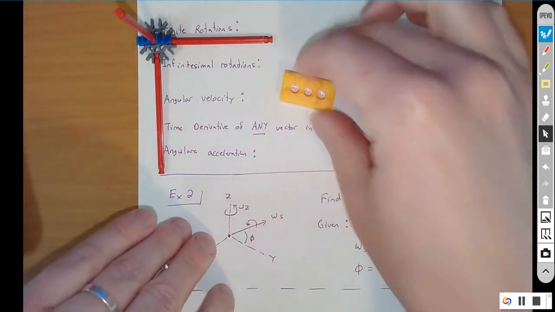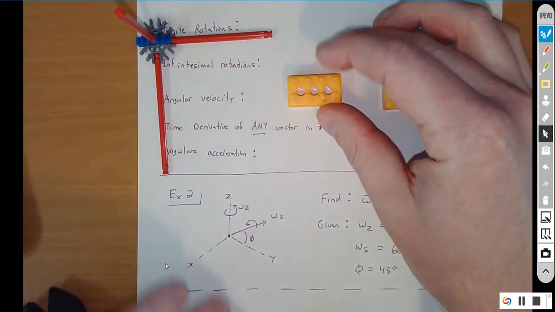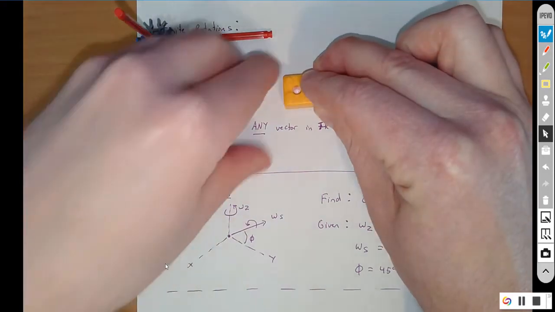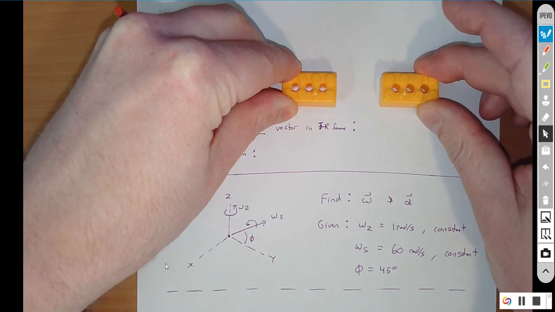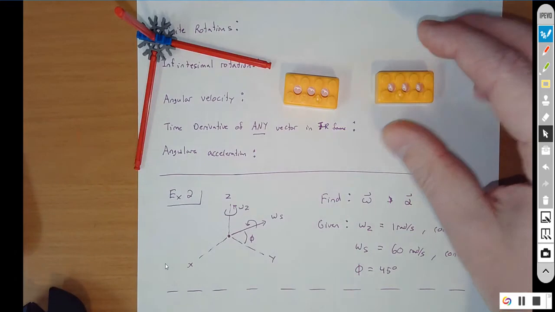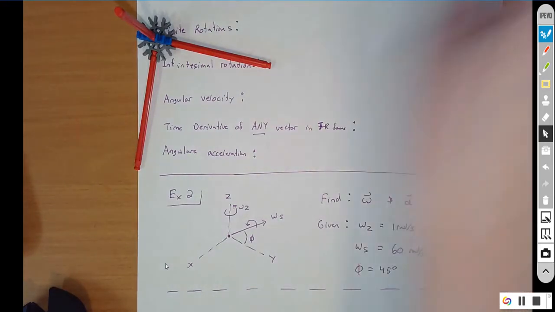But if I undo this, if I make those rotations very, very small, so again, I'll go forward for just a little bit and then up for just a little bit. You probably can't see it. And now I'll go up for just a little bit and forward for just a little bit. They start to become very similar in location. And if I make these small enough, using infinitesimally small rotations, they'll actually be at the same location.